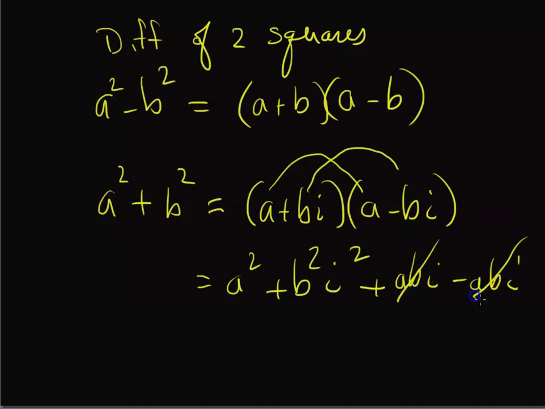So those cancel. But i squared is a negative. I'm sorry, this should be a negative here. Gosh, I'm way ahead of myself. bi times a negative bi, negative b squared i squared. But because i squared is a negative 1, this should be plus b squared. So you can factor the sum of two squares. You just need to use your eyes.